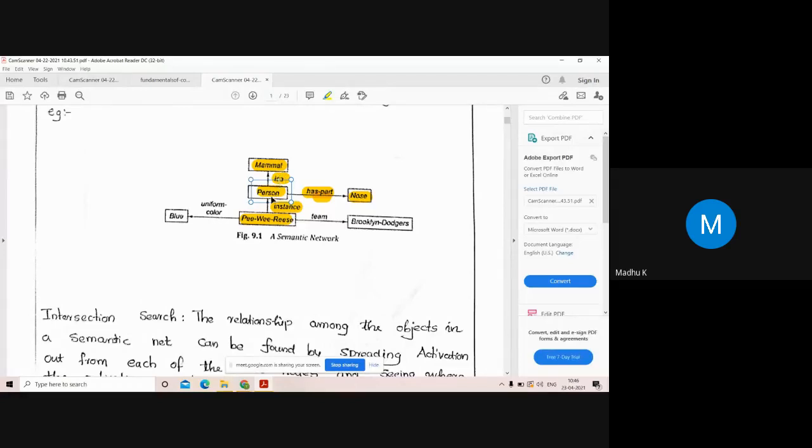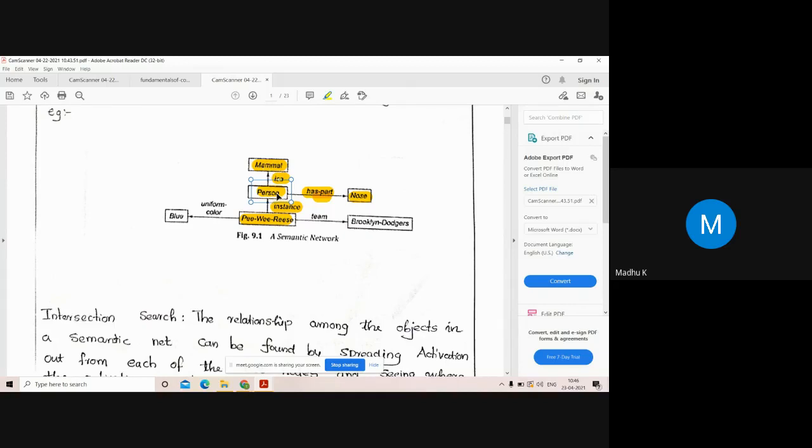Okay, so for example, you can understand clearly. So mammal, there is a set of mammals. Mammal is a group of animals, a group of different types of animals, and person belongs to that class.